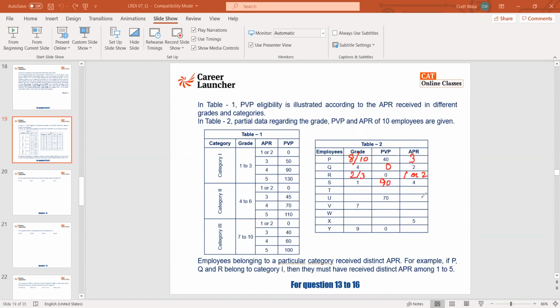That means this guy's APR is 4. And he must be belonging to which category? Category 2. That means his grade has to be between 4 to 6. Out of 4 to 6, 4 is already used. That means now I can say his grade is definitely either 5 or 6.